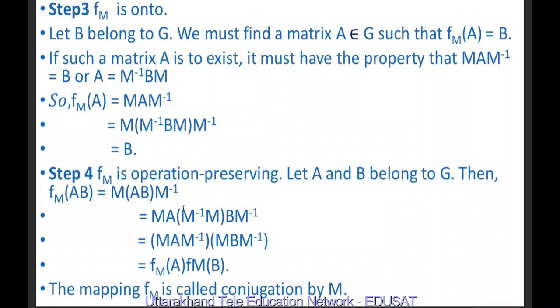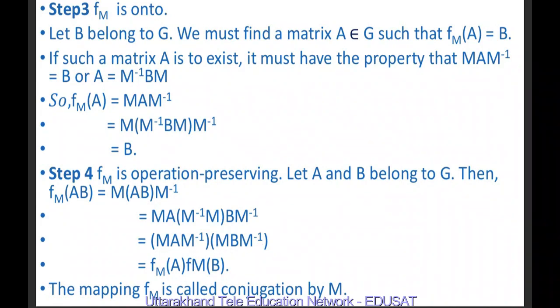And we can introduce the identity matrix M inverse M in the middle, because multiplying any matrix by the identity matrix gives the same matrix. So by using associativity again, this is equal to MAM inverse times MBM inverse. This is nothing but FM(A) times FM(B).